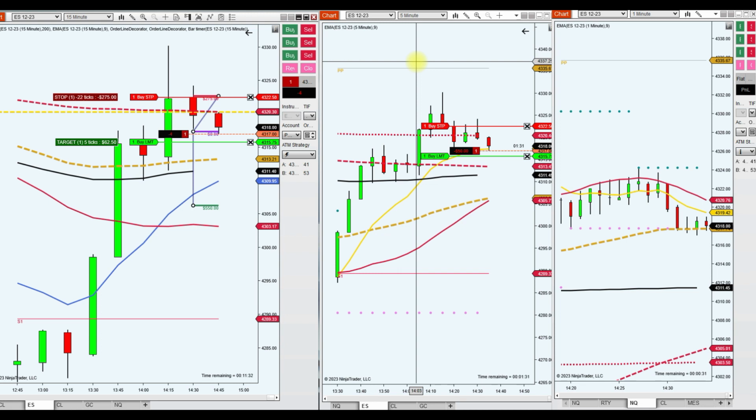But because I'm using multiple time frame analysis, I am going to go with my higher time frame, which is a 15-minute chart. So my entry, at least I tried to make my entry 1 tick below this signal bar.